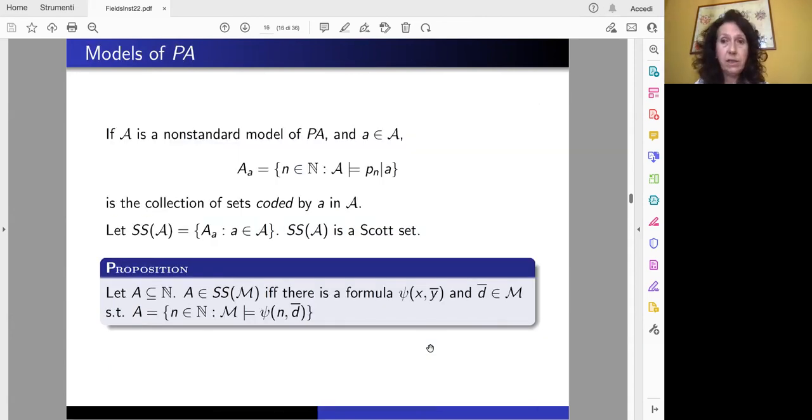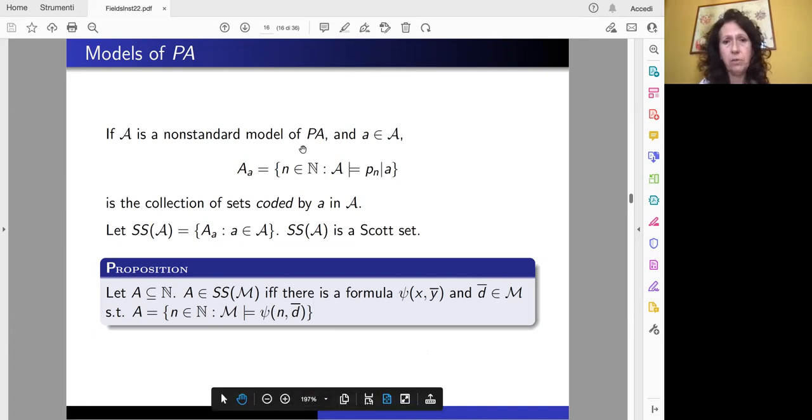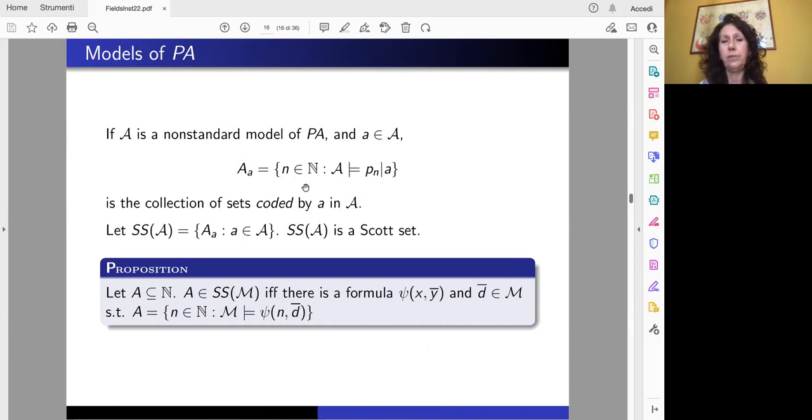And there is a characterization due to Scott which puts it in relation with the non-standard models of Peano arithmetic. If A is a non-standard model of Peano arithmetic, we take any element a in A, and we consider the set of n such that the nth prime divides a.